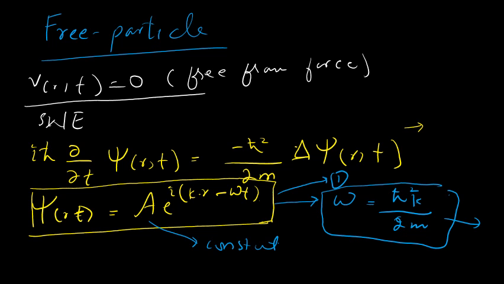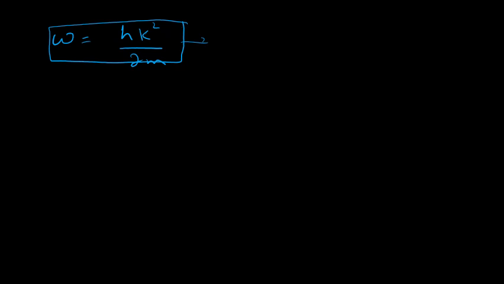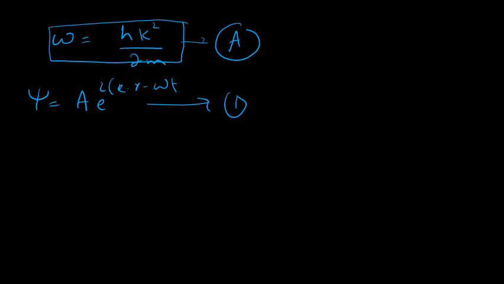So ψ will be the solution of the Schrödinger wave equation for the free particle only when ω and k satisfy this condition, which can be represented by A. But according to the de Broglie hypothesis, the condition A, ω = ħk²/2m, for ψ = e^(i(k·r − ωt)) to be a solution for the free particle, must be satisfied.